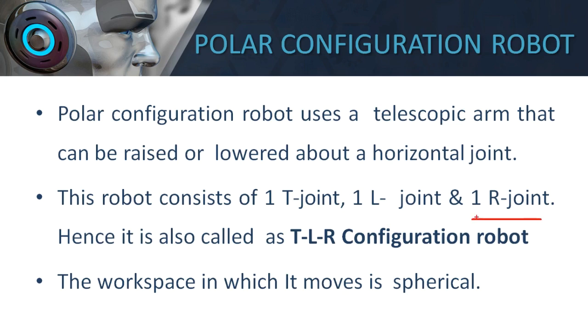An R joint is nothing but a rotational joint, which gives the flexibility to rotate about the axis of the input link. Hence this particular robot, the polar configuration robot, is also called a TLR configuration robot. The name comes from the joints it possesses: one twist joint, one linear joint and one R joint.